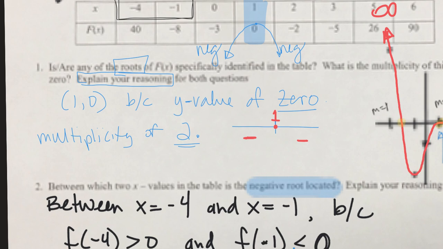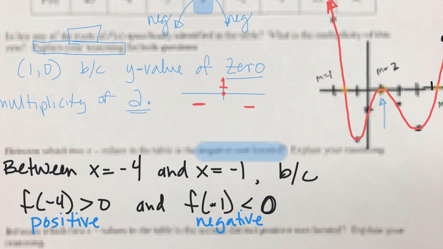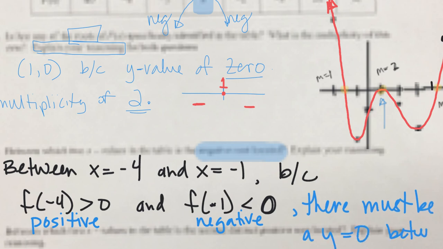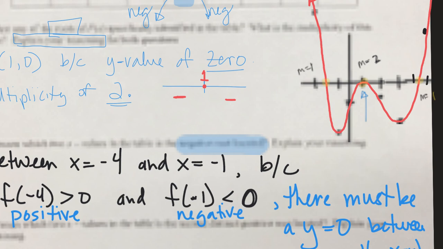Because it's positive on the left and negative on the right, there must be a y value of 0 between -4 and -1. Okay, so we're talking about the y values.